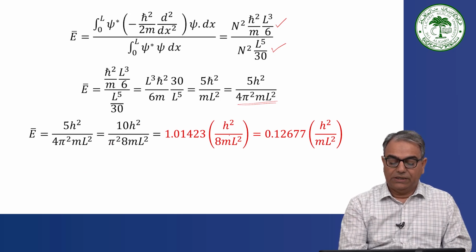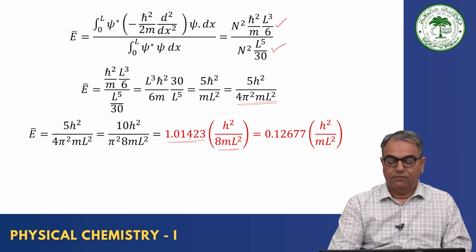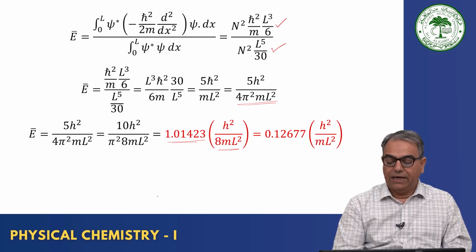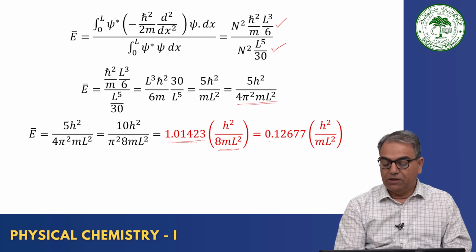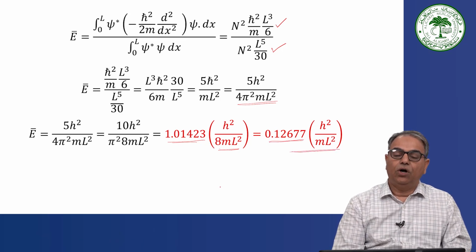So if you take h square divided by 8 m L square within brackets, then you will have 10 divided by pi square, and this comes out to be 1.01423 h square divided by 8 m L square, and this comes out to be 0.12677 h square divided by m L square. Okay. So this is the value of the energy which you obtain.